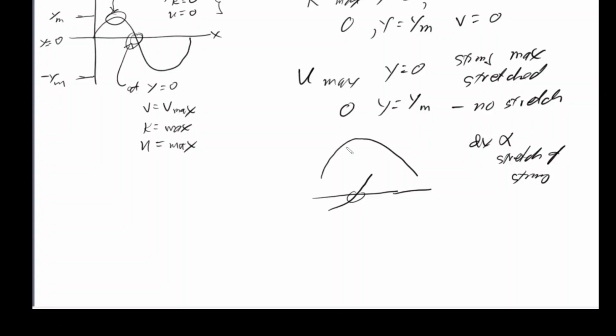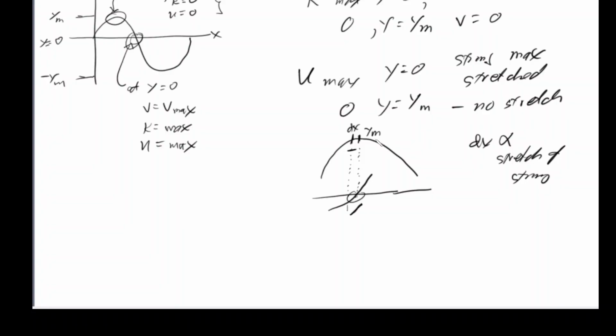So if we look at a segment of string of dx, at maximum y, you see a certain segment up there. And if we look down here, this segment is actually longer than this segment.